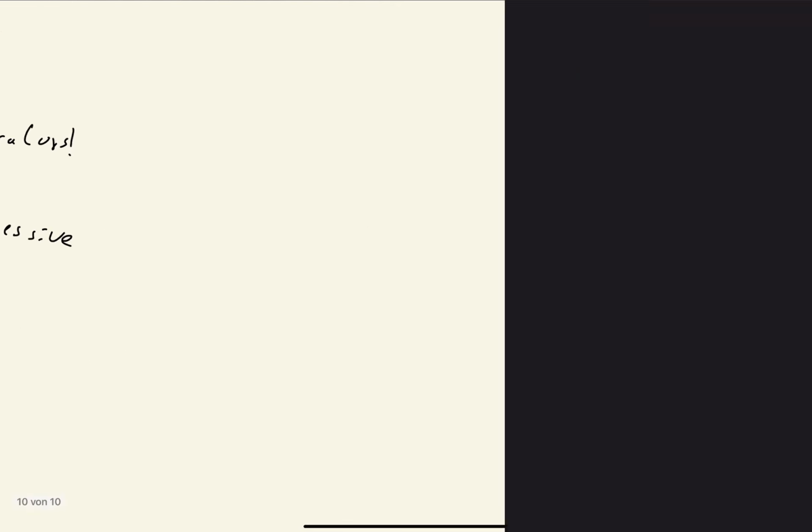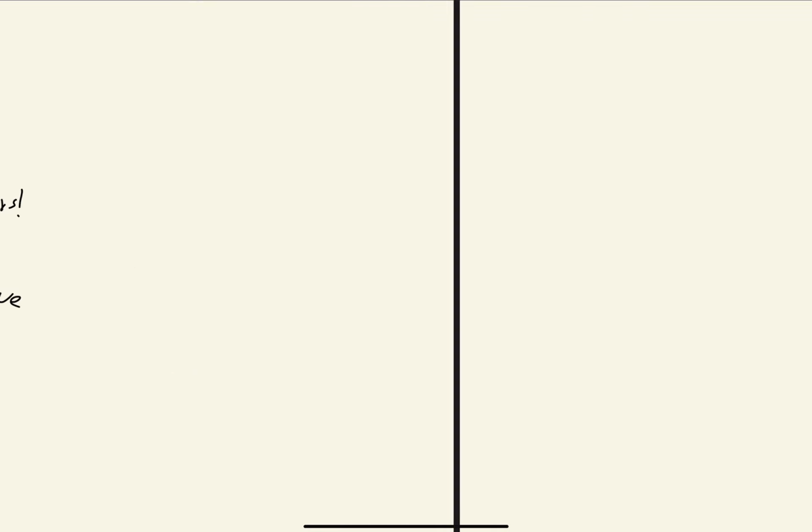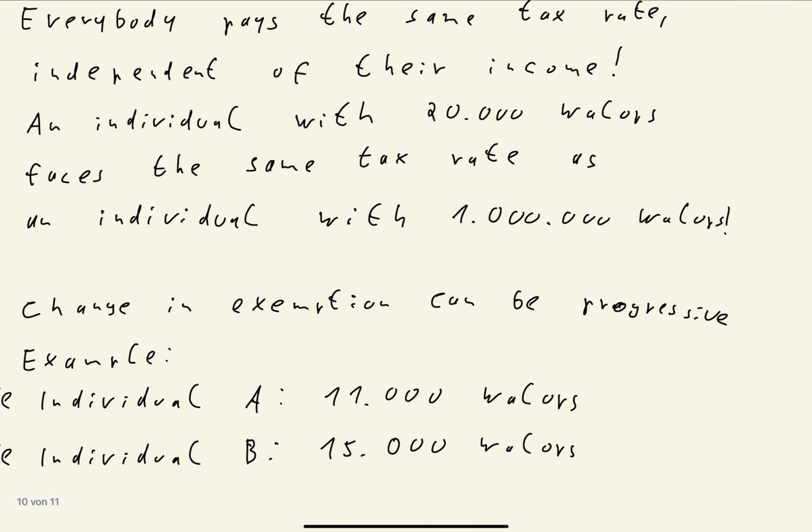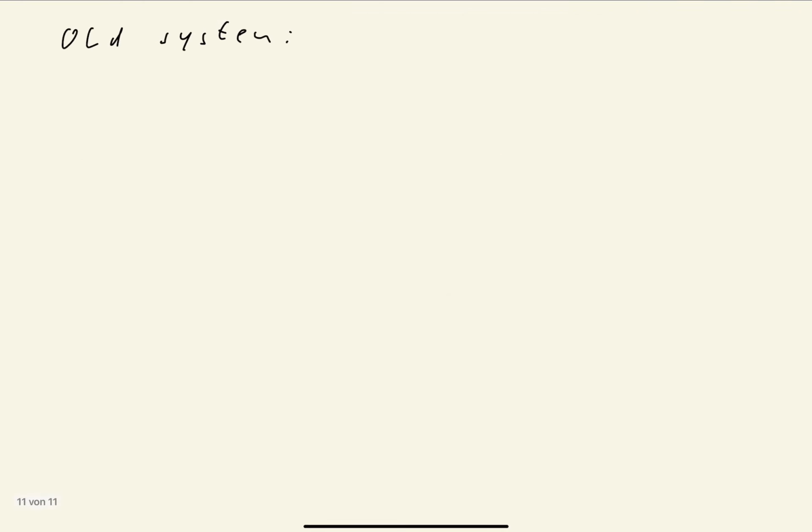So let's go to the old situation, the old schedule or old system. Individual A. So what is the tax liability of individual A? Individual A has 11,000 loops.